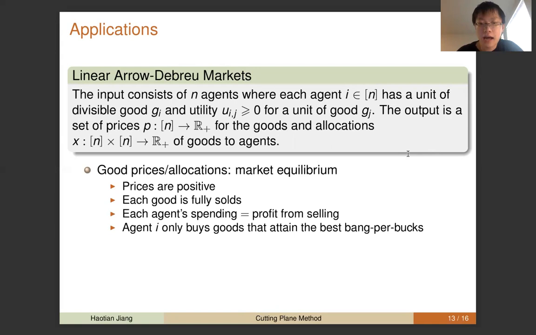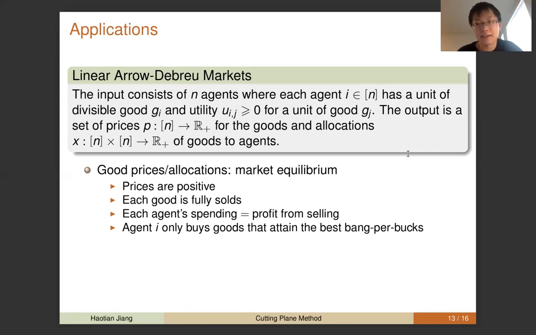And also, agent i only buys goods that attain the best bang per buck. The so-called best bang per buck means that among all the goods he purchases, basically among all the goods where the allocation is non-zero, he only buys those that maximize his utility over the price.